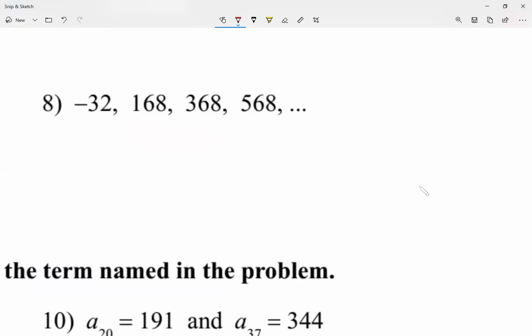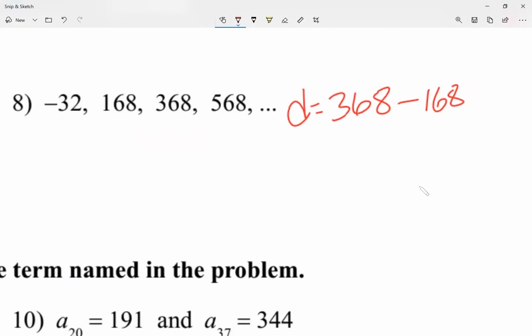If you cannot see the difference, let me use D. Choose a number, I'm going to choose 368, and subtract the previous number, in this case 168. 368 minus 168 is a positive 200. So my common difference is 200. I'm adding 200 each time.